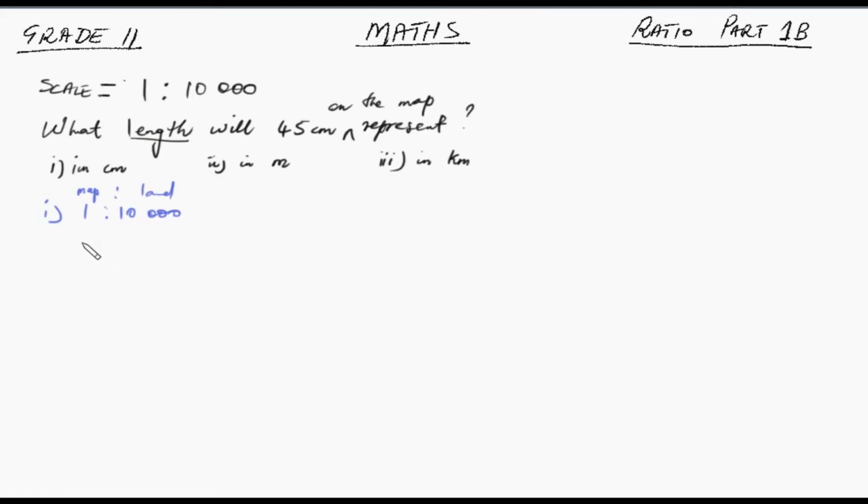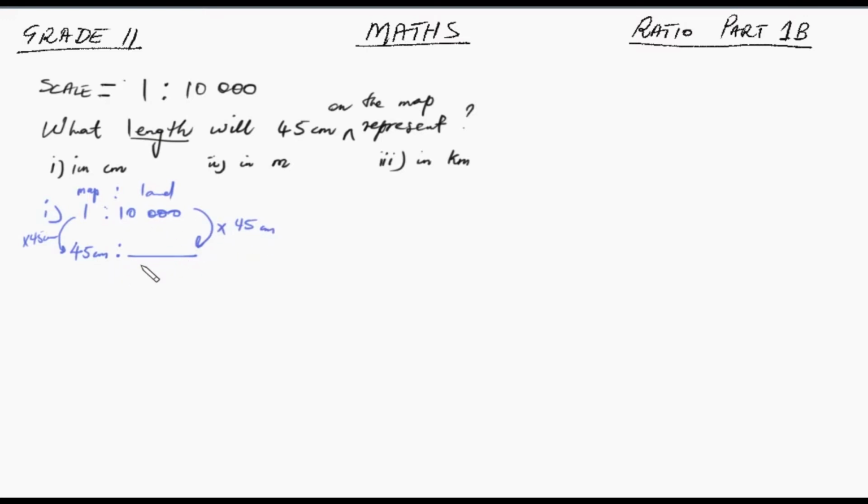Now, we have 45 centimeters on the map, so we want to find the actual distance. You can do the simple thing: just find out what has been done to 1 to get 45 centimeters. You will find that they have multiplied by 45 centimeters, so just multiply by 45 centimeters on this side so that you get that answer.